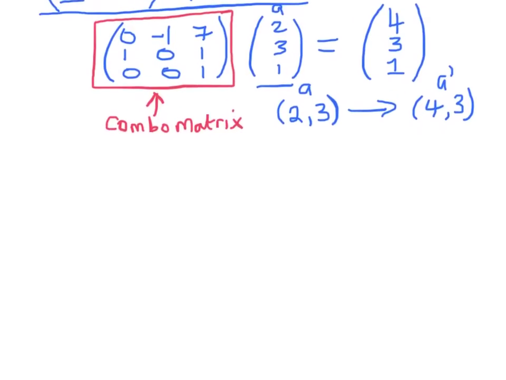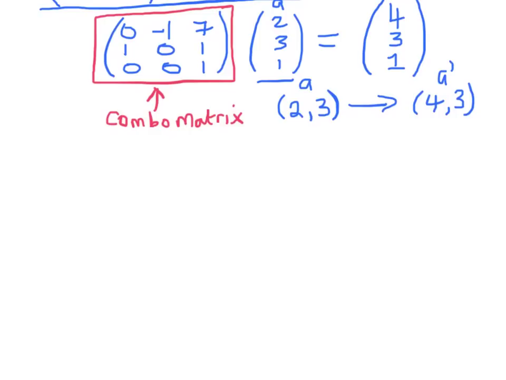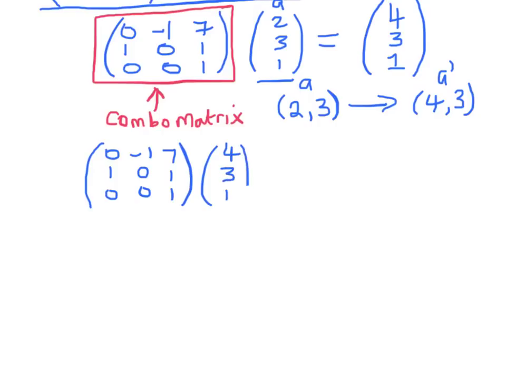So now we apply the combo matrix to points B and C. So let me write that down. The combo matrix is 0, 1, 0, minus 1, 0, 0, 7, 1, 1. And we're going to multiply it by the point B. And the point B is, let me think, 4, 3, 1. Okay, so multiplying them two together.